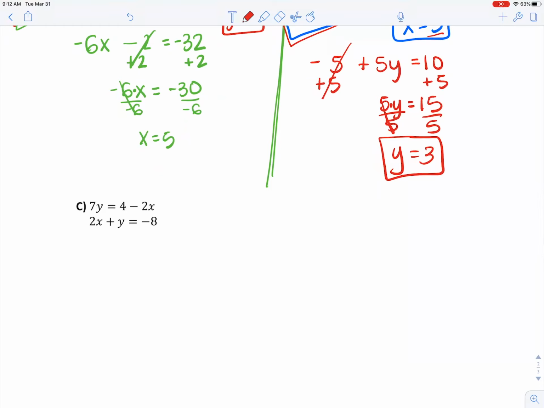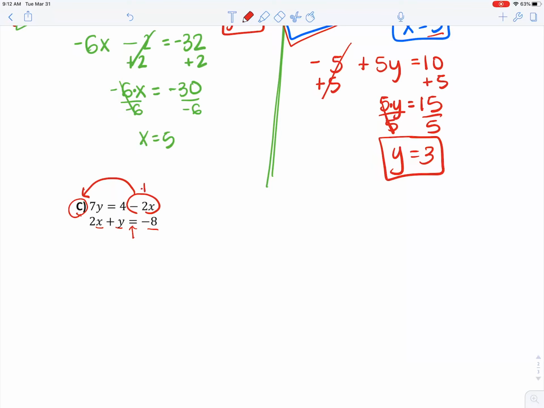All right, letter C is just the same. I'm noticing that the bottom equation has the x and then the y, the equal sign, and the constant, the plain number. That's what we want. So we really do want to move this 2x over to the other side so that it's before the x.